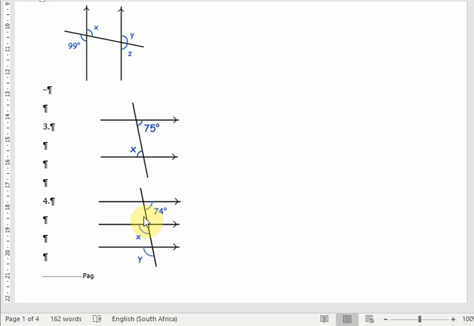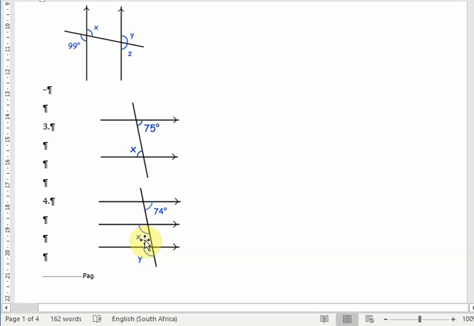So if that one over there on that side is 74 degrees, then it means that this one is 180 minus 74. So 180 minus 74 means that this one is 106 degrees. And the reason for that is that those two are angles on a straight line.